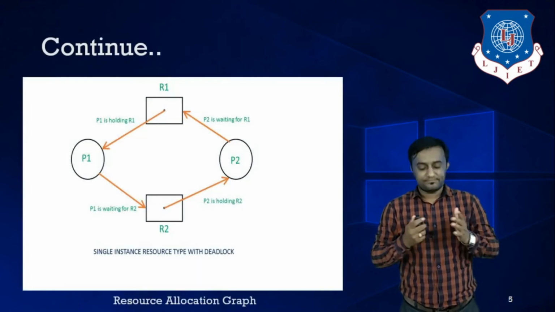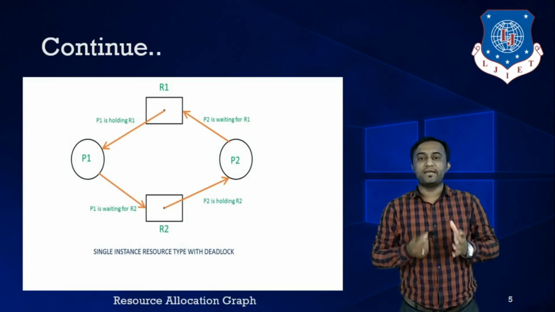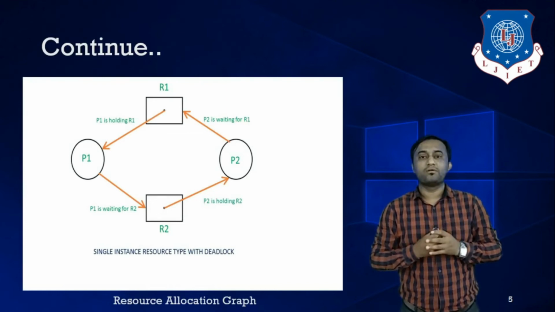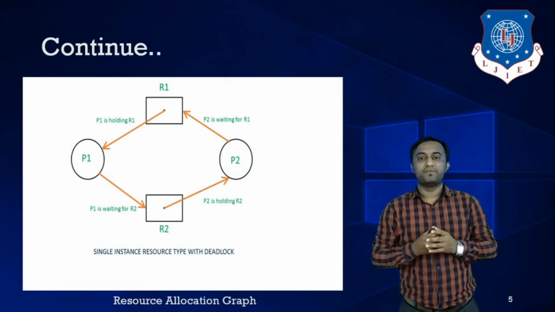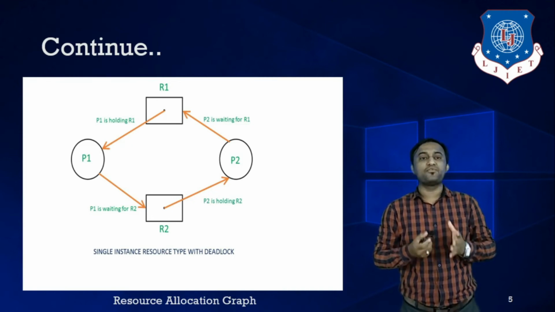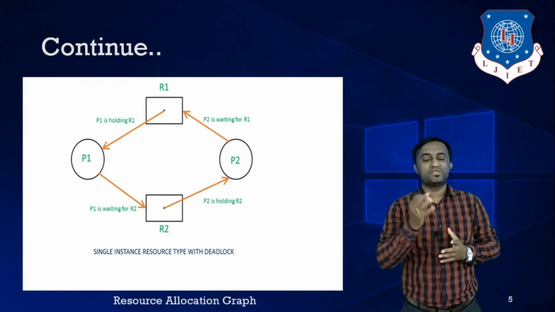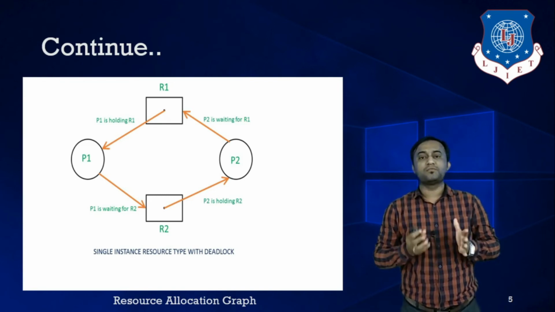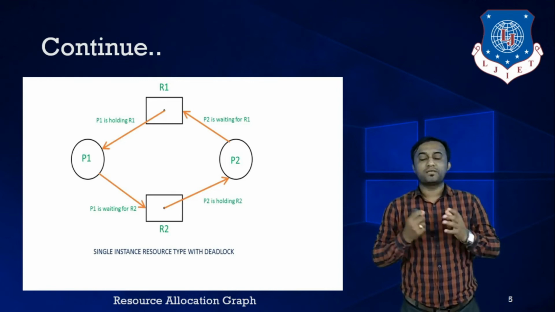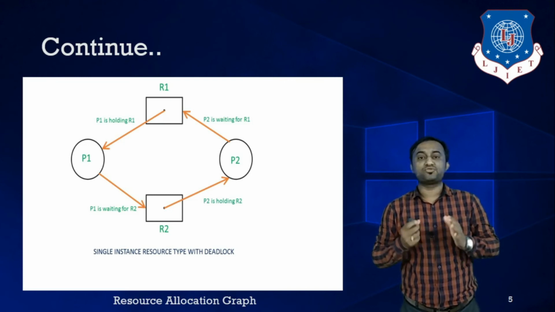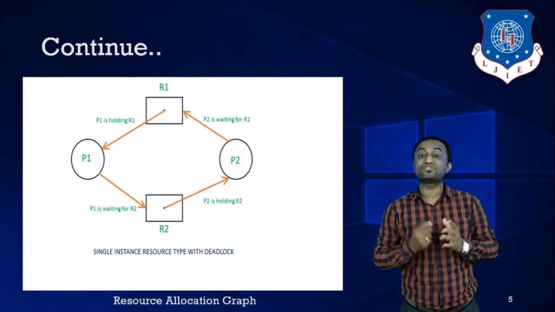Now we can understand the concept of deadlock clearly with respect to operating systems with the help of a resource allocation graph. You can see in this figure, this is a resource allocation graph. In this graph, there are two circles. The circles represent processes and the rectangles represent resources.